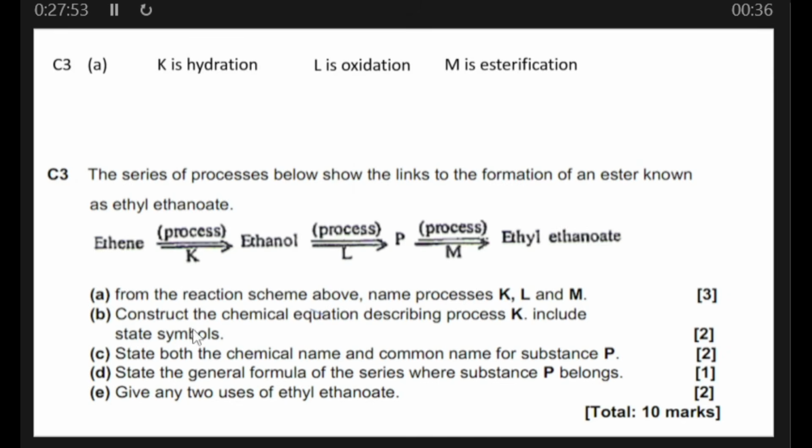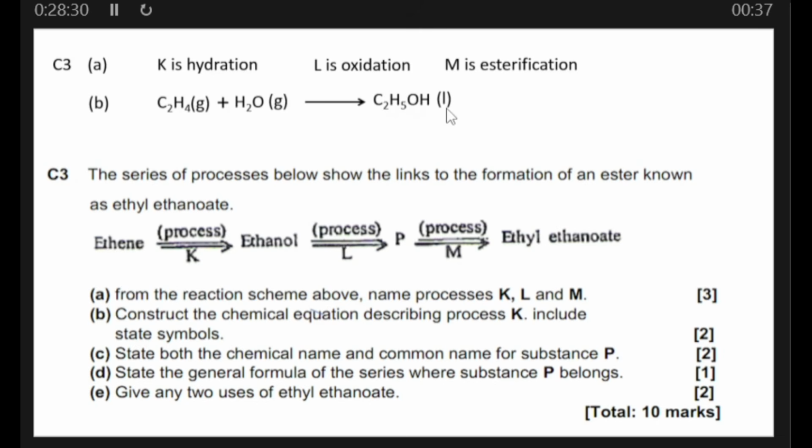Then B, they are saying construct the chemical equation describing process K, include the state symbols. So process which one? K. So we'll write ethene. So see, ethene is C2H4. It is a gas, plus water, which will be in gaseous form, equals this one now will give us the ethanol, C2H5OH, this one here, ethanol.